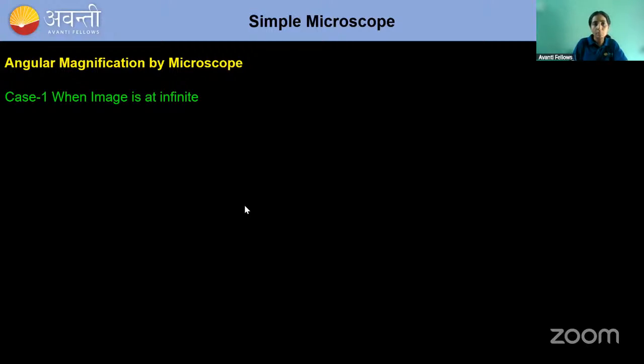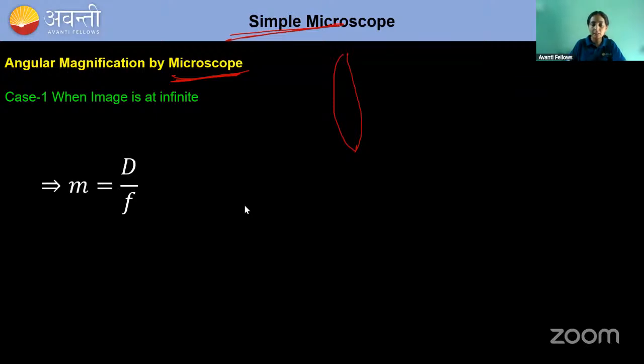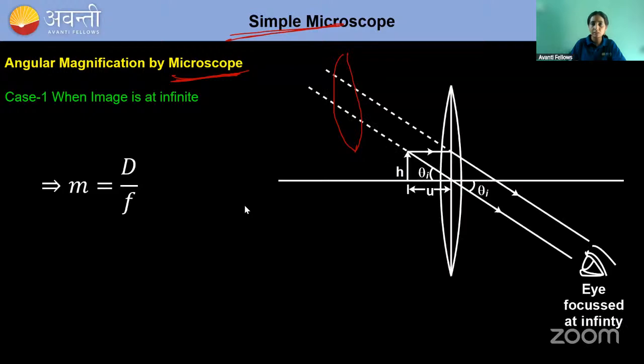So magnification by simple microscope first we will see. A simple microscope has only one lens, and which sort of lens is that? That is your convex lens. So a simple convex lens can be called a simple microscope. And for this, how do we define magnification?